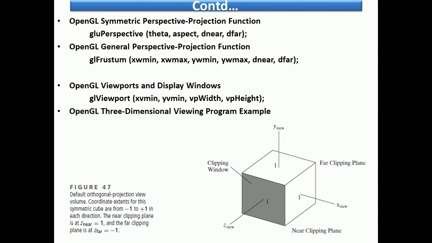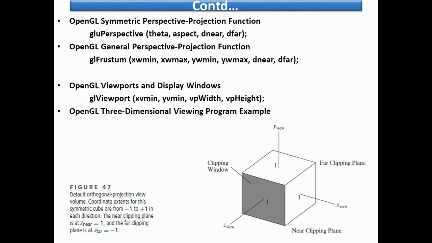We could also have used the glOrtho function to specify the clipping window, as long as the parameters d near and d far were assigned values that were on opposite sides of the coordinate origin.